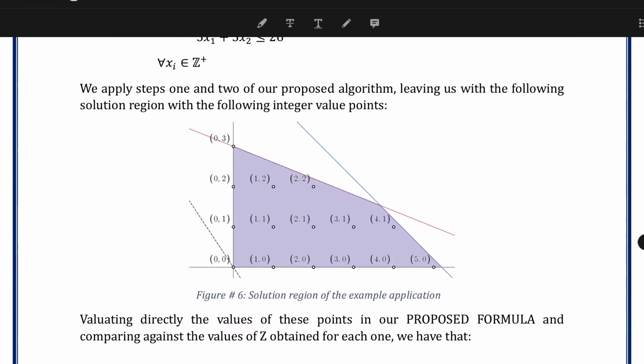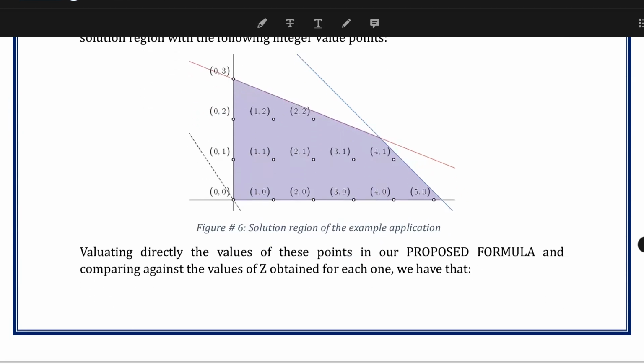In this one, we have the solution area, we have the conditions, and we have the points that have only integer values for the solution in the region. Now, we are going to evaluate directly the values of these points in our proposed formula and compare against the values of Z obtained for each one.